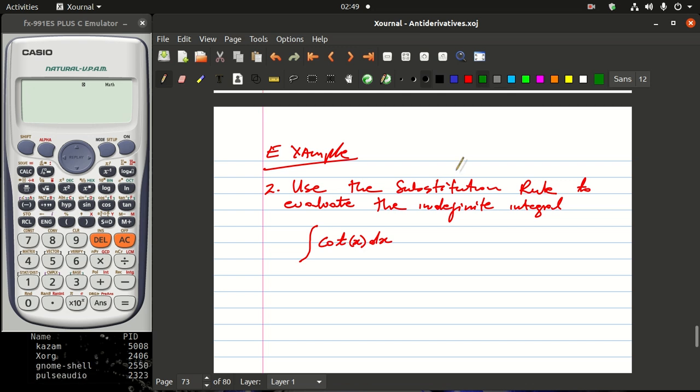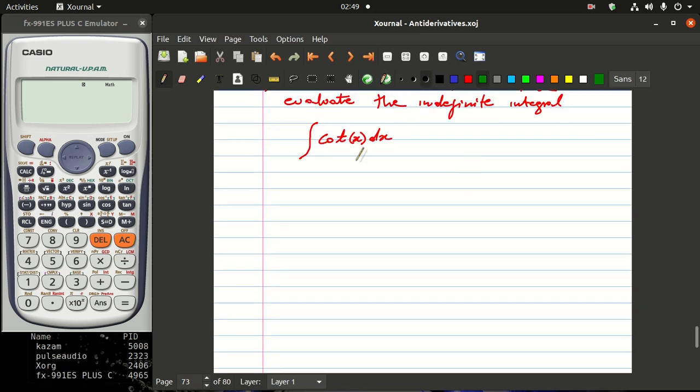How do we proceed here? They want us to use the substitution rule. So this is our solution. Take note that our cot of x with respect to x is the same as cot. We know that it is 1 over tan of x.